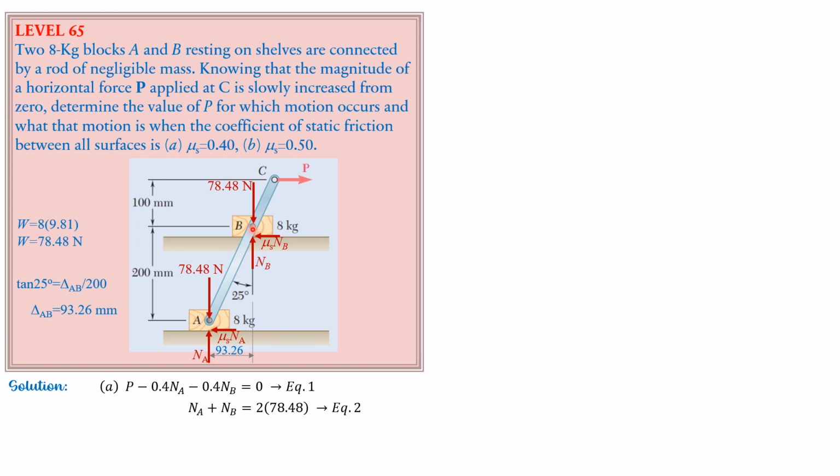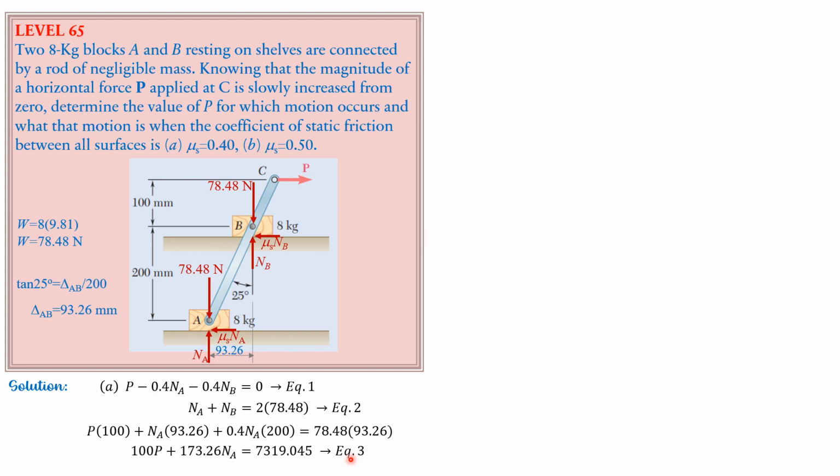Then we sum up moments about B equals 0. So P times 100 plus NA times 93.26 plus mu sub s, 0.4 of NA, times 200 equals 78.48 times 93.26. Simplifying, combining NA, so 100P plus 173.26 NA equals 7319.045.